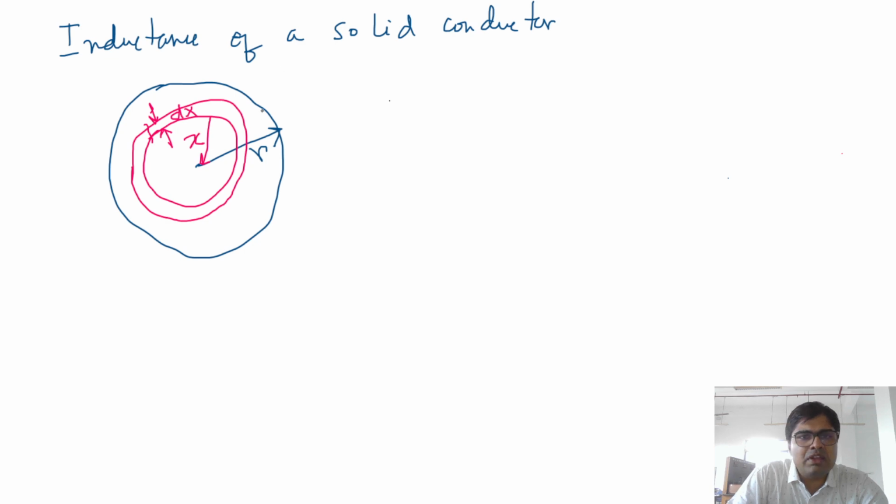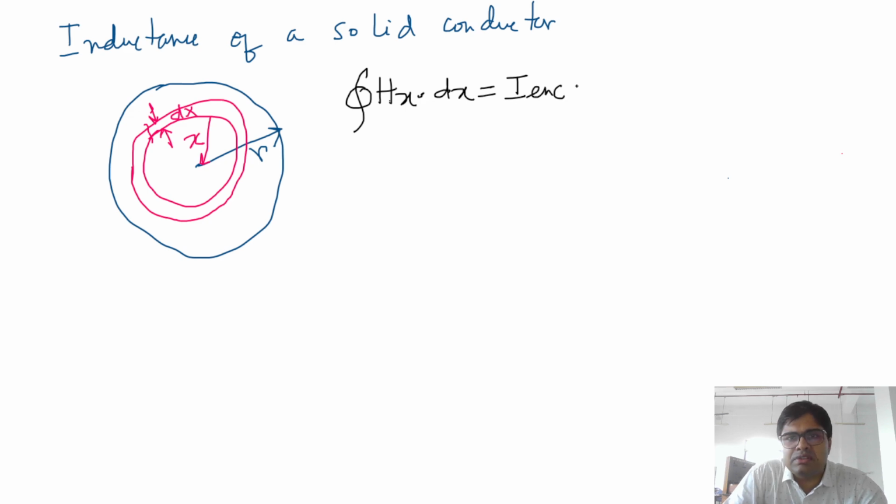So what will be the magnetic field intensity Hx at a distance x? The line integral of that magnetic field should be equal to the current enclosed within that.